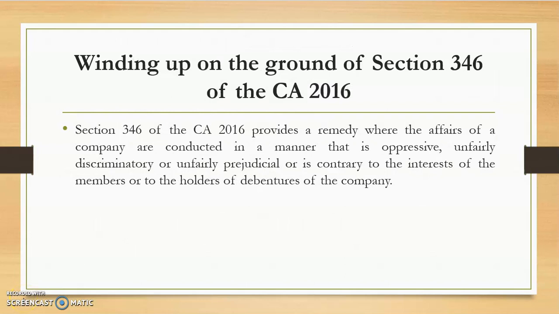I forgot to tell you just now, under the just and equitable grounds, there is another one under Section 346, which provides remedies where the affairs of the company are conducted in a manner that is oppressive, unfairly discriminatory, or unfairly prejudicial, or is contrary to the interests of the members or the holders of debentures of the company.